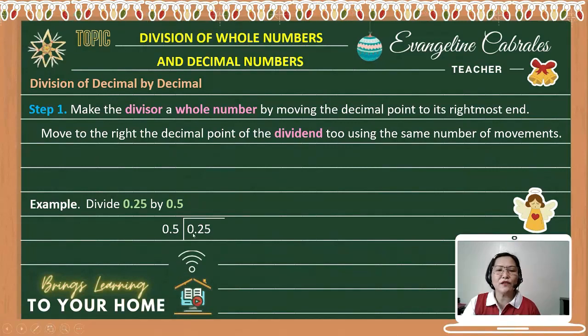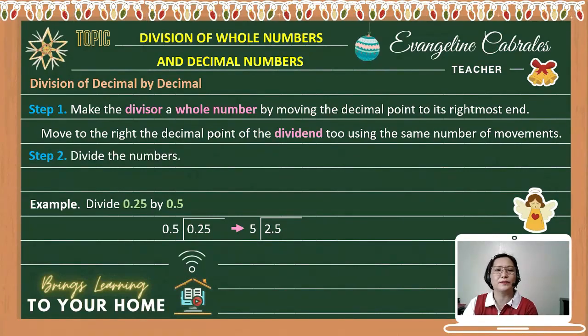At yung 25 hundredths, dahil isang beses kang nag-usod dito sa 5 tenths, isang beses ka rin mag-uusod sa 25 hundredths, ang decimal point pag iniusod ng isang beses papunta sa kanan ay mapapapunta sa pagitan ng 2 and 5. Kaya magiging ang 5 tenths ay naging 5 at ang 25 hundredths ay naging 2 and 5 tenths.